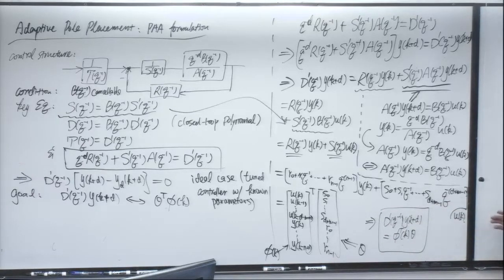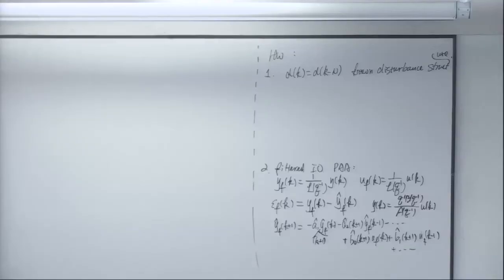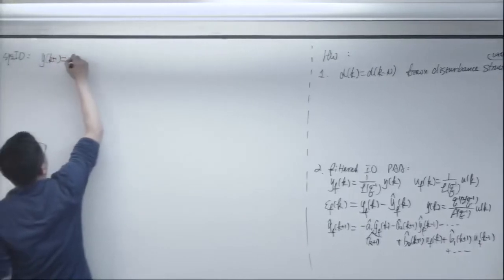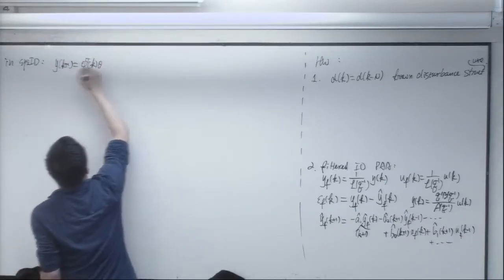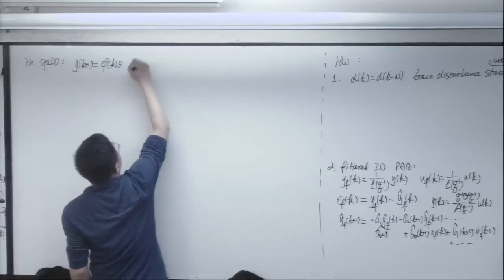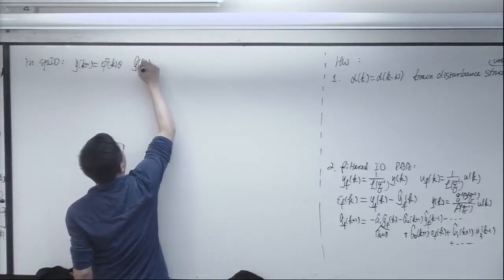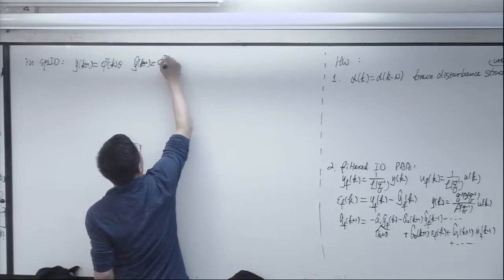In our system identification, we have expressed y as phi and theta. And then we do y hat as our adaptation to be phi and theta hat.